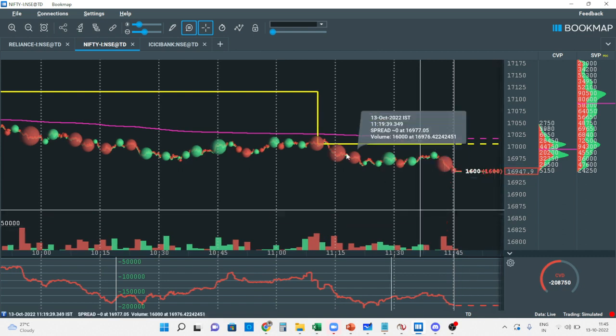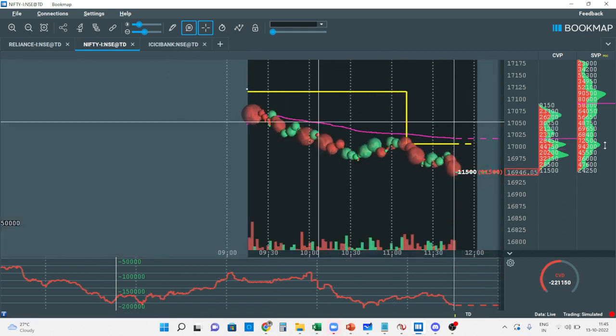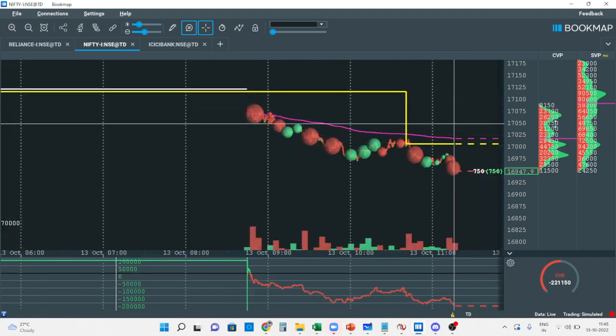If I draw more things on the visible space, the CVP also gets adjusted accordingly. You can see that the CVP is getting adjusted. So the CVP plots the volume profile only for the visible charts, whatever data is visible, only for that data.